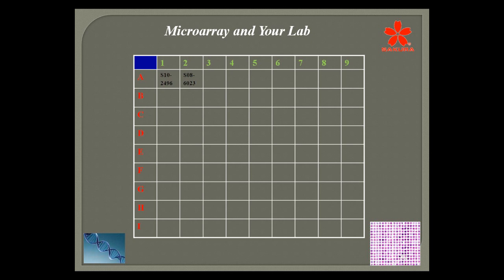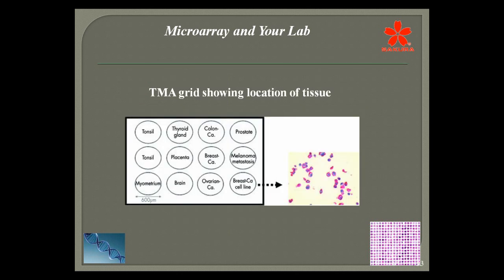This grid will need to be maintained with this array block so that whenever you're looking at the slides that you've stained or identified or having IHC performed or whatever, you'll have some identification method to tell you what tissue is going on or is there.